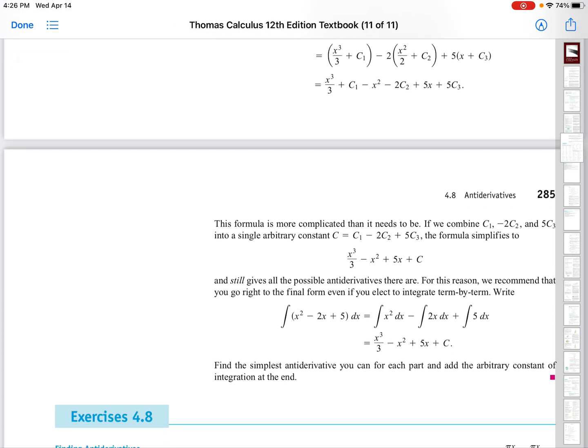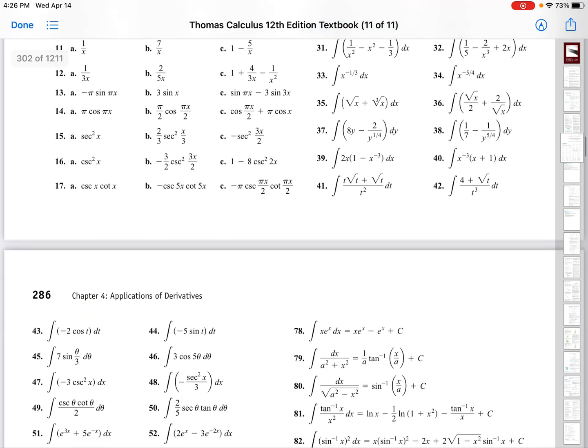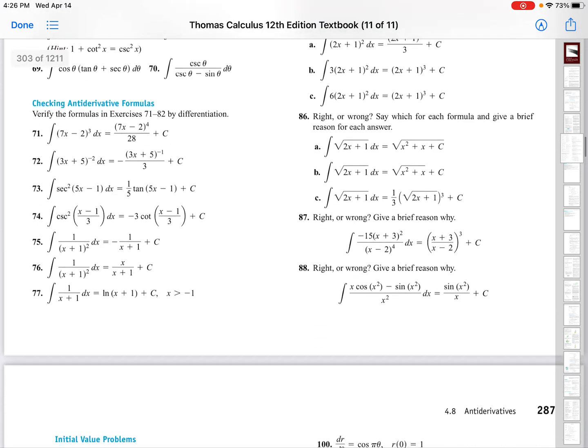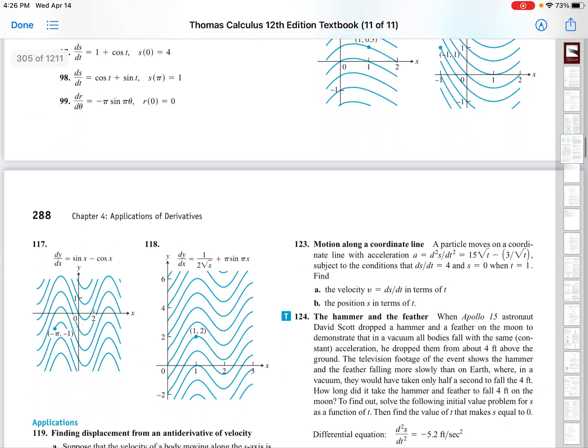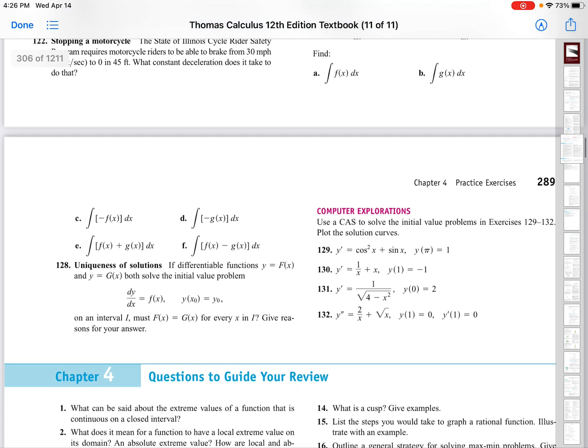So tomorrow's workshop will be, we'll do one or two, probably do one Newton's method, and then the rest will be working on these antiderivatives. And you can see how important your book and the world thinks this is, because if you look at the exercise set for 4.8, there are 132 problems.